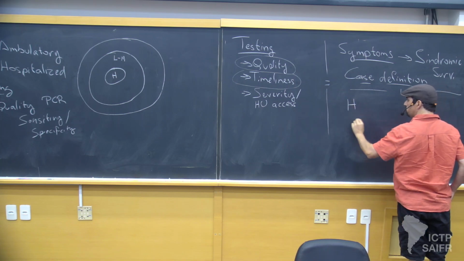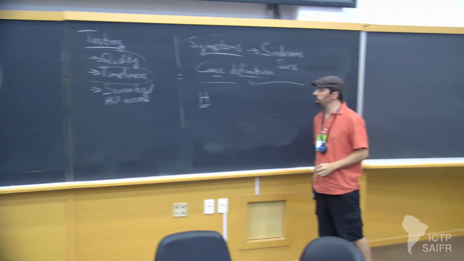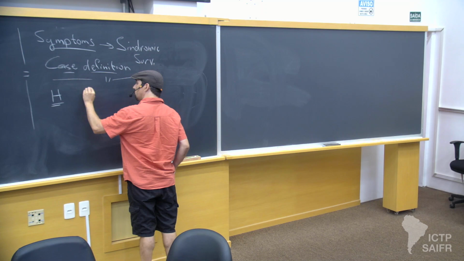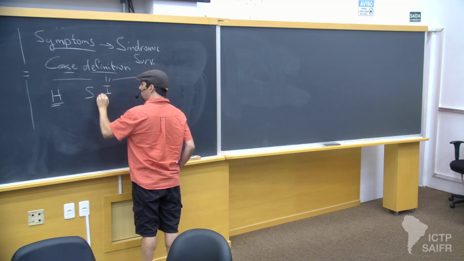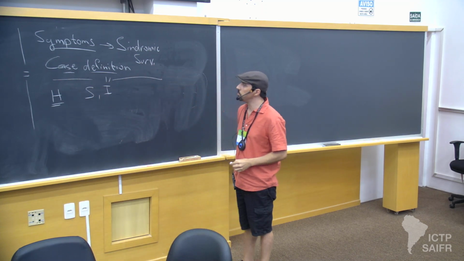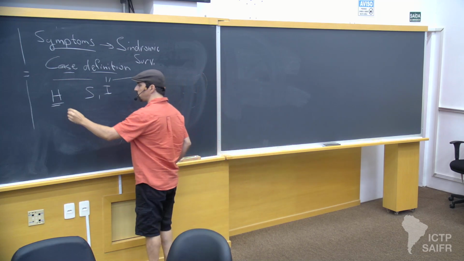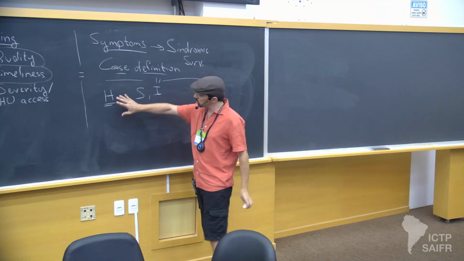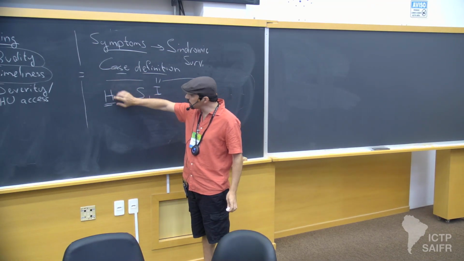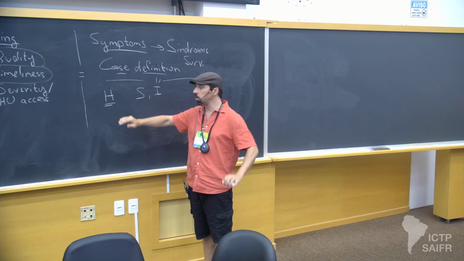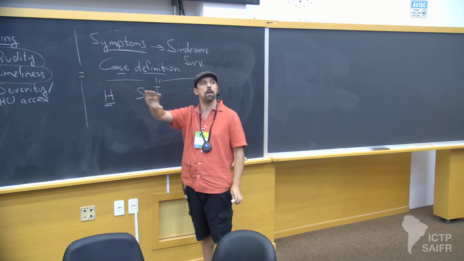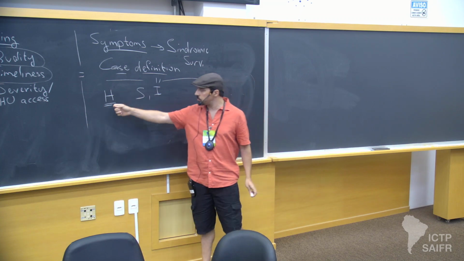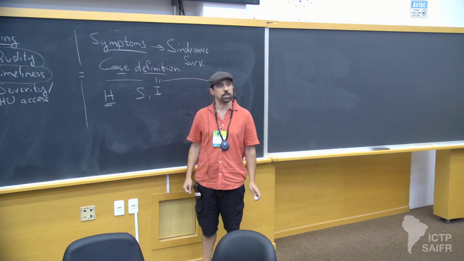If my surveillance is based only on hospitalized cases, and my model is an SI type of model, supposing that the process of counting cases is already perfect in terms of hospitalized cases, so everybody that is hospitalized, I am being able to identify correctly, so I have the correct number of new hospitalizations.